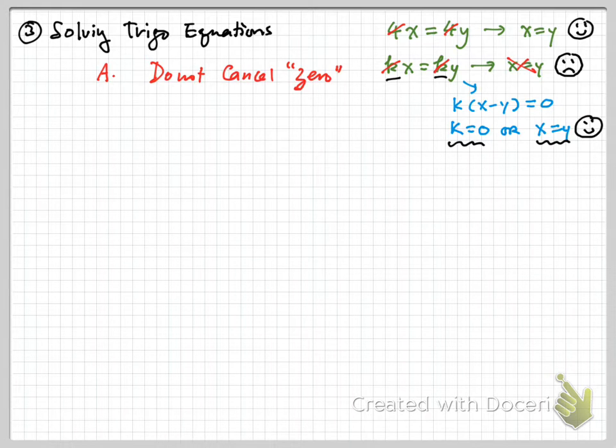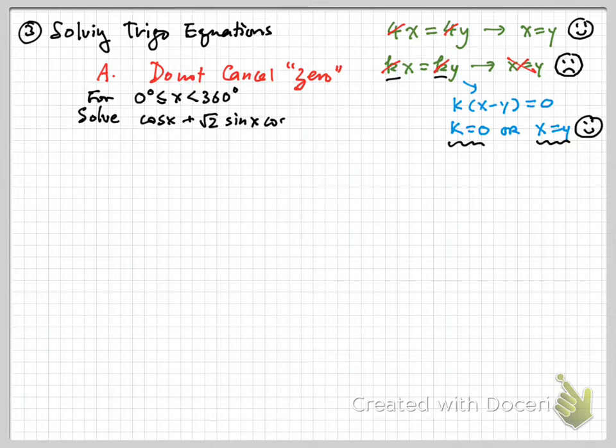So when it comes to trigonometry, let me show you one example. Example 1: solve for x between 0 and 360 degrees, cosine x plus root 2 sine x cosine x is 0.